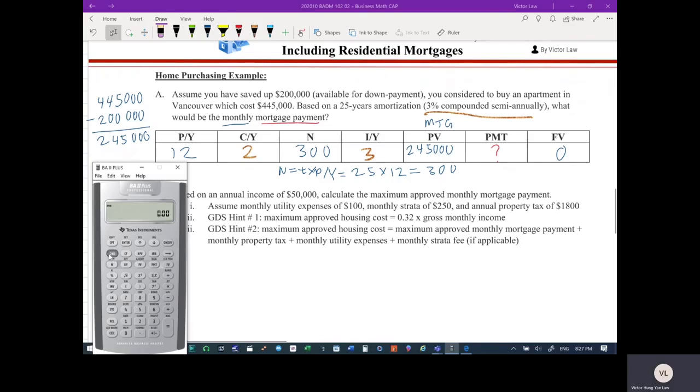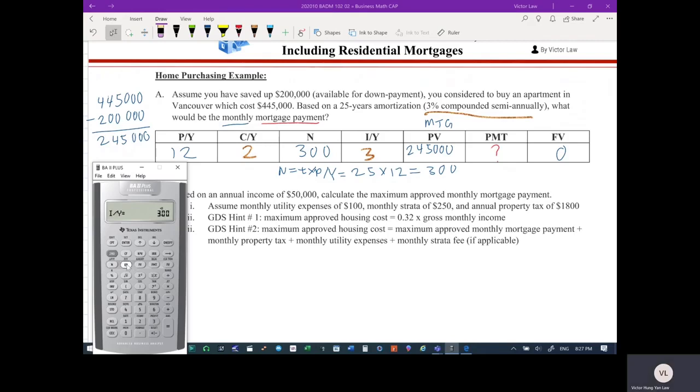Second function, P/Y is 12, C/Y is 2. Once we have set that, we type in N, so it's 300. I/Y is 3.